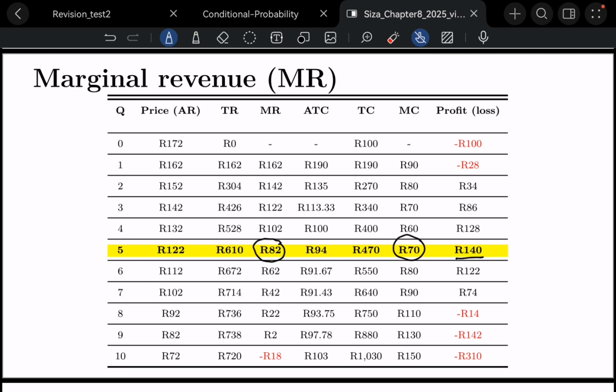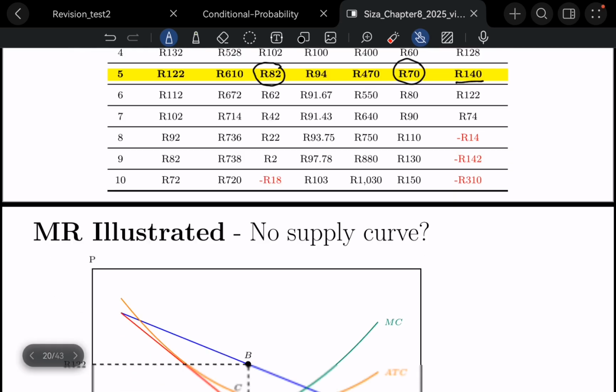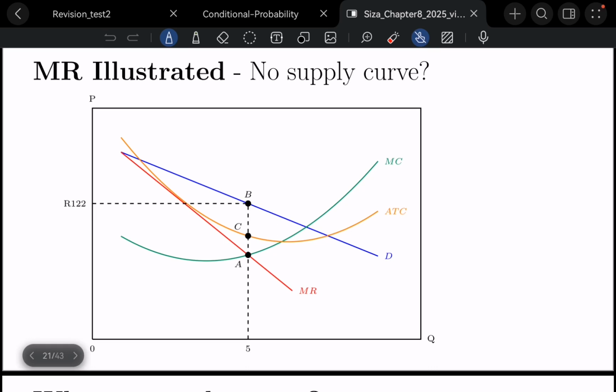So it's got to be at the point where they're approximately equal, and you can then illustrate this on a graph, and you'll see this is what your graph would look like. So I've just made it approximately equal to 5 units there, and your price will be 122 rands there. So the monopolist has to choose the quantity where marginal revenue is equal to marginal cost, and that's at point A. From point A, you use the price that you are given by the demand curve.